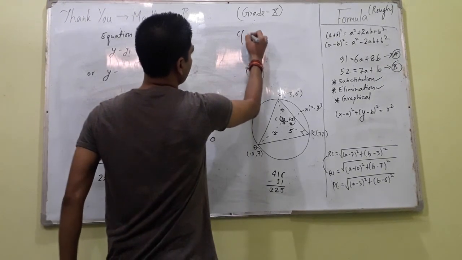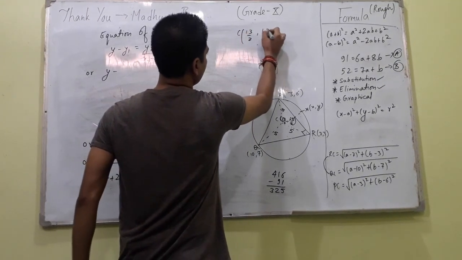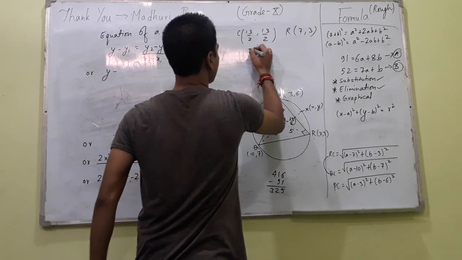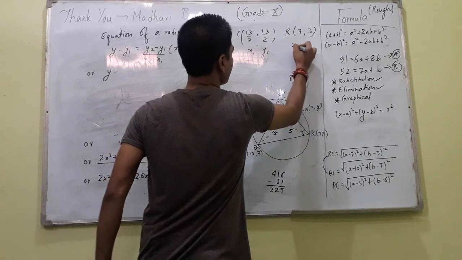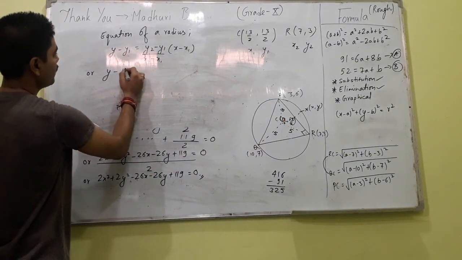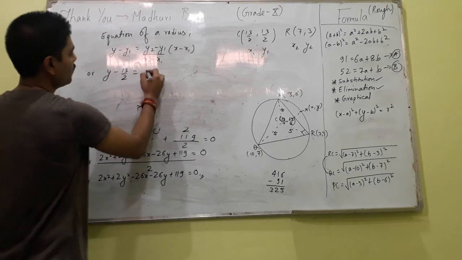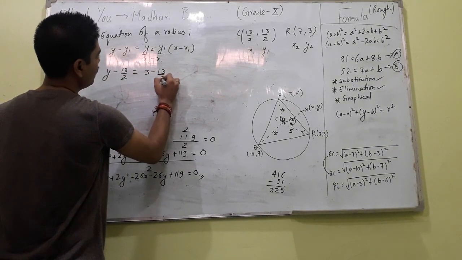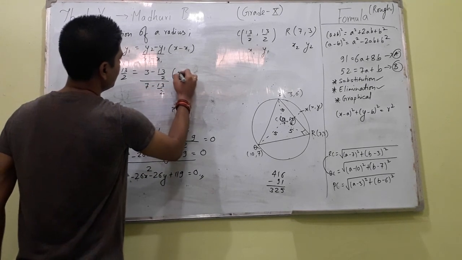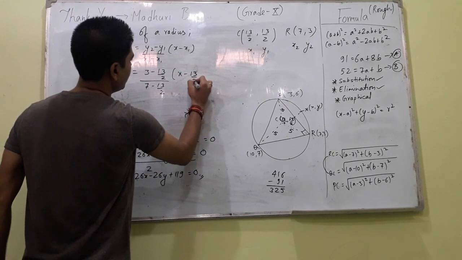C is 13 by 2, 13 by 2, R is 7, 3. So this one is x1, y1, x2, y2. So y1 will be 13 by 2, y2 will be 3 minus 13 by 2, x2 will be 7 minus 13 by 2, x minus 13 by 2.